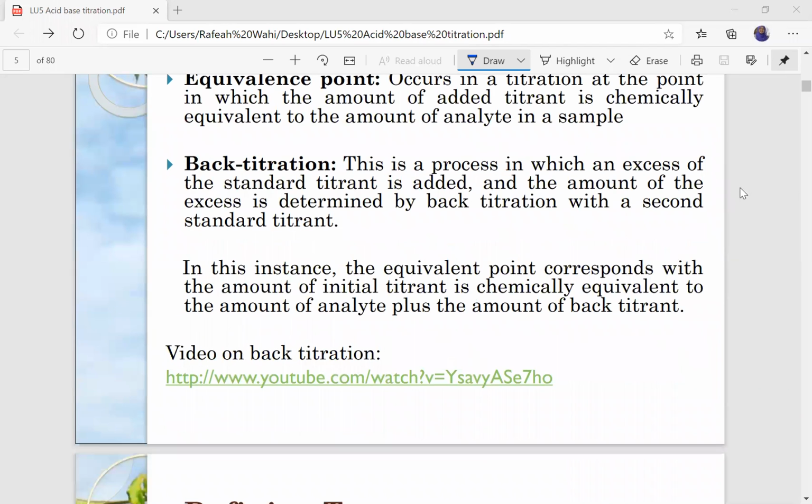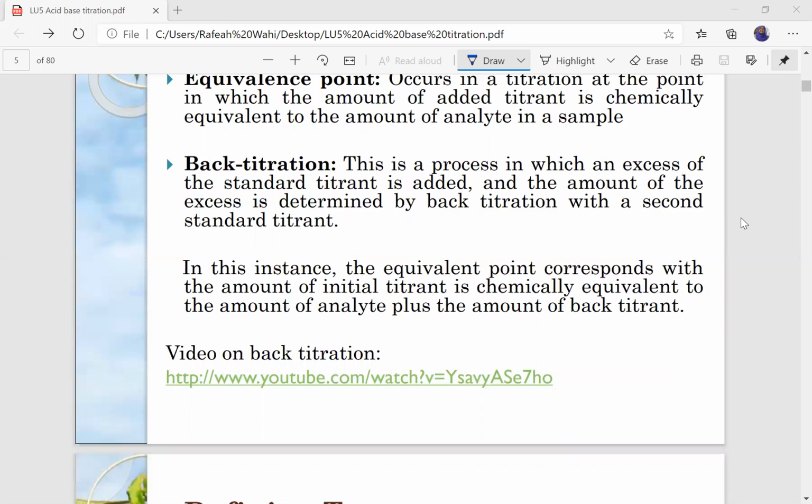Now, there is another term which is equally important in the titration process. This is back titration. This is another type of titration which is a bit different from normal titration. Back titration is a process in which an excess of the standard titrant is added during the titration, and the amount of the excess is determined by back titration with a second standard titrant.